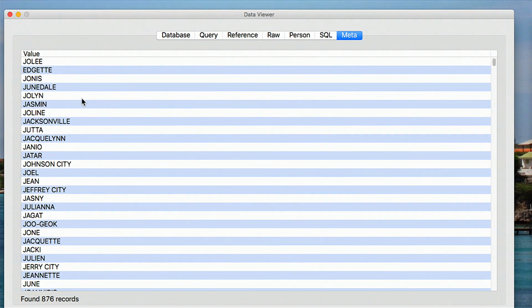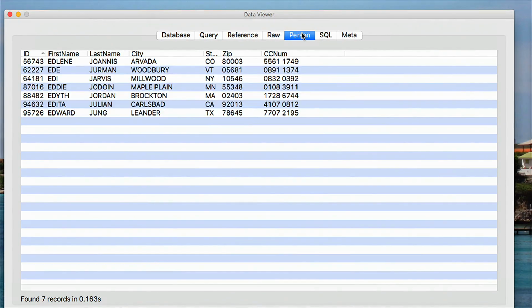But in your code, you would actually pick it out and say, show me the meta that starts with ED, encrypt it against those 10 vectors, create the SQL statement that says first name in that, show me all the meta that starts with J, and repeat and say last name is in that. And you end up with that query, which again runs pretty quickly.